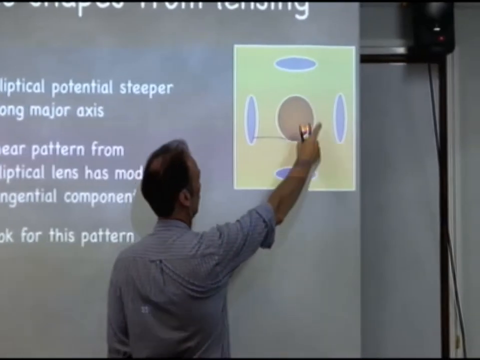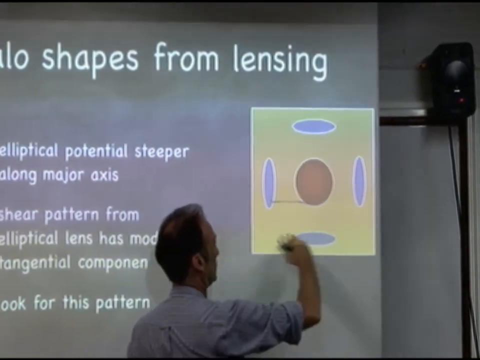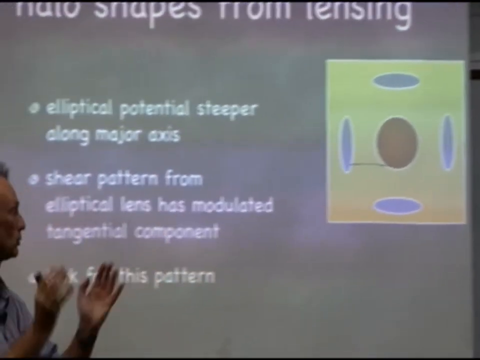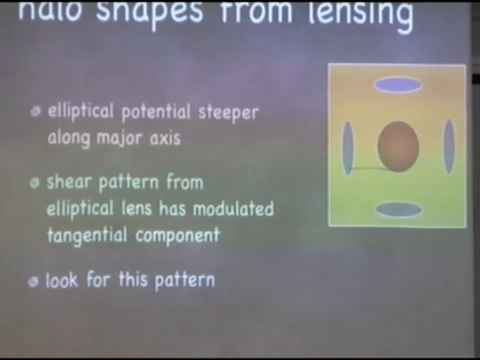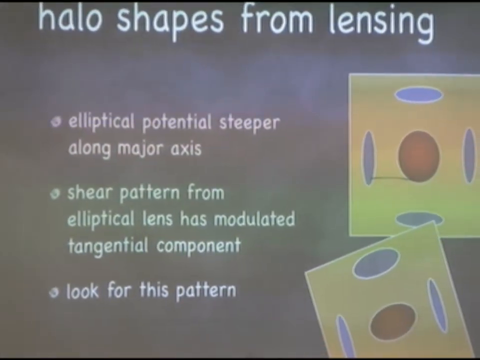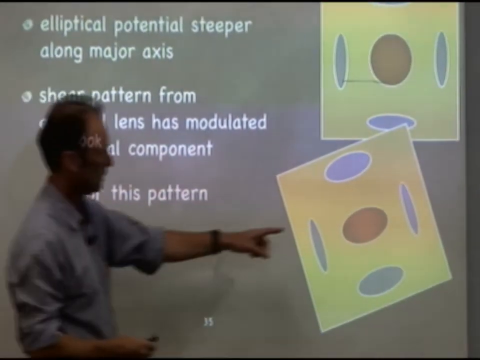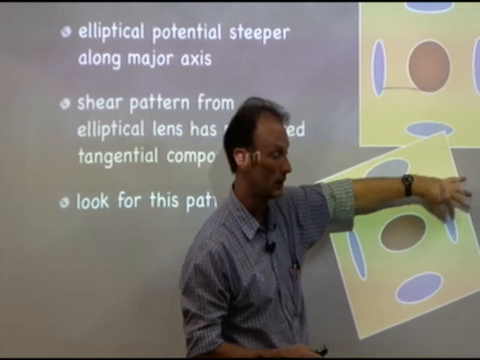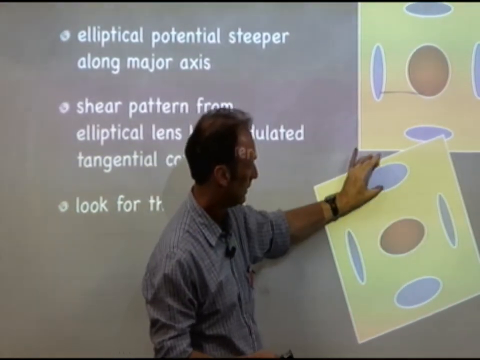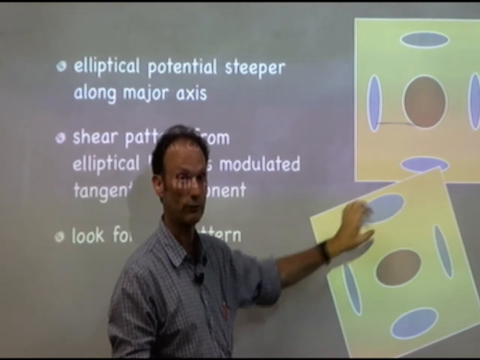For a round lens, you have a symmetric tangential distortion. You have this tendency to make all the galaxies a little bit squeezed in the radial direction. If you make the lens elongated, then you see that the symmetry is broken, and you get a stronger squeezing here along the major axis of the lens, and a weaker squeezing here on the minor axis of the lens.